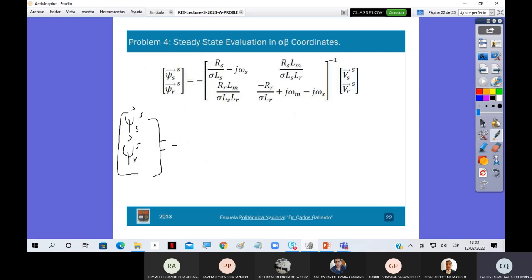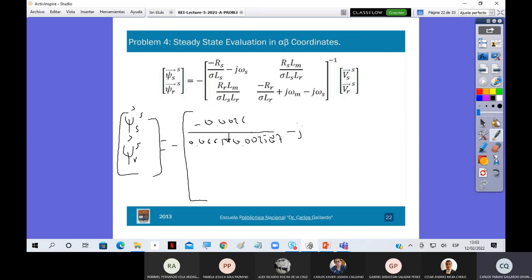This is equal to the negative, so I will have negative 0.0026 over 0.0661 times 0.002587, minus the speed.